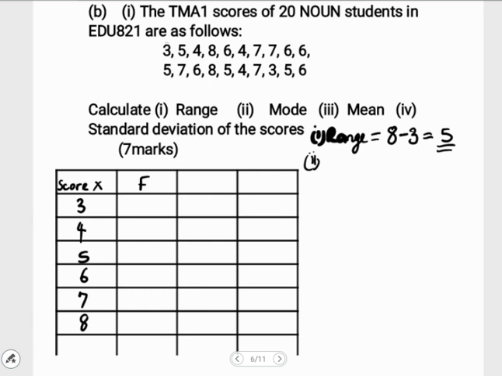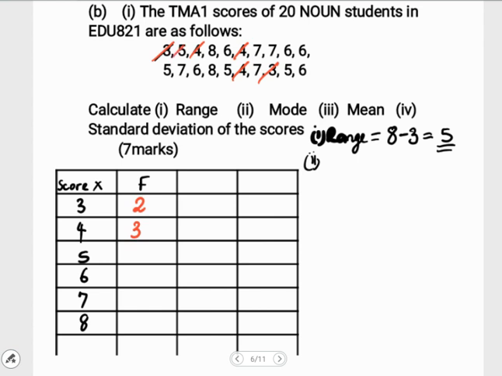For 3 we have 1, and 2, so 3 appears 2 times. Then 4 appears 1, 2, and 3. It appears 3 times.